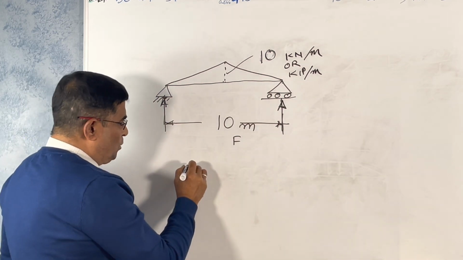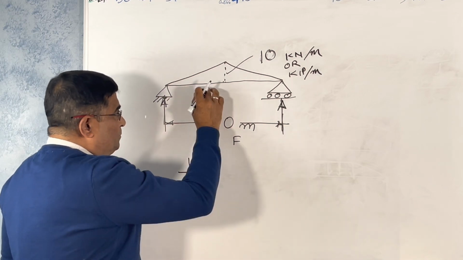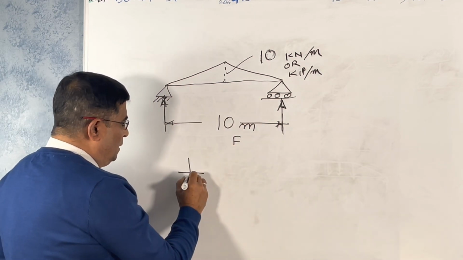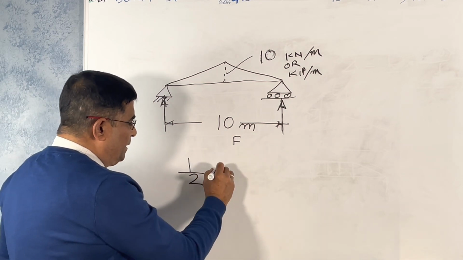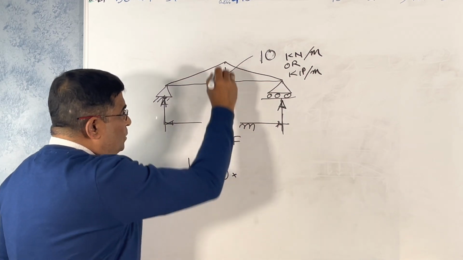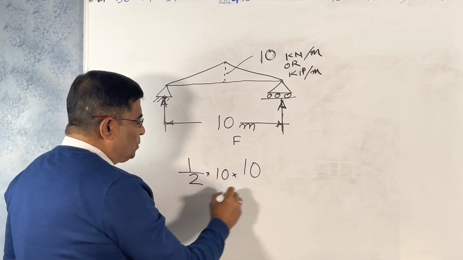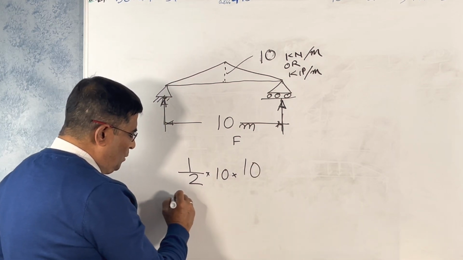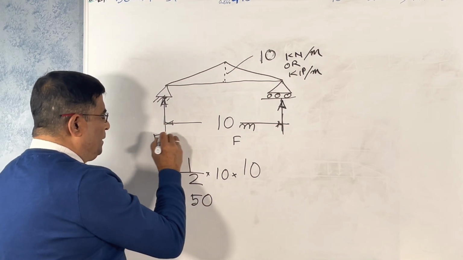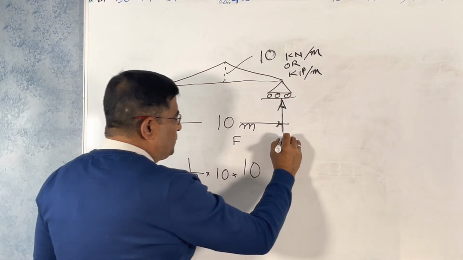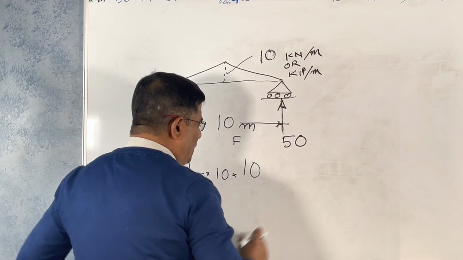So what is the total load? Find the area of the triangle. Half, base is 10, altitude is 10. So 100 divided by 2 is 50. Here it is 50, here it is 50.